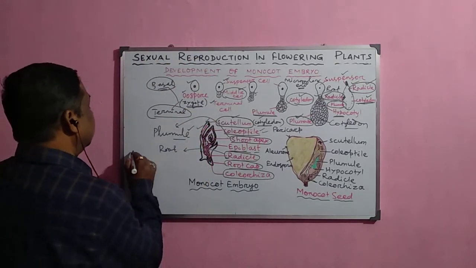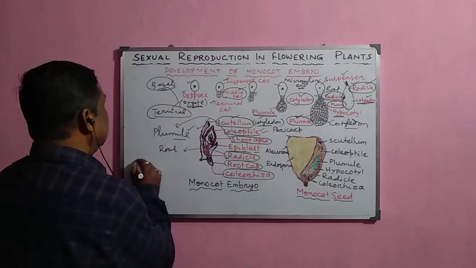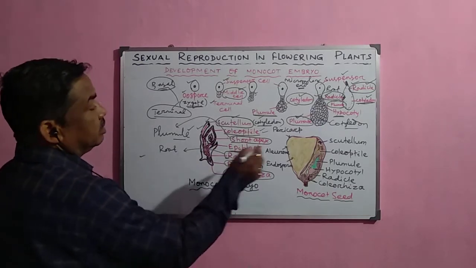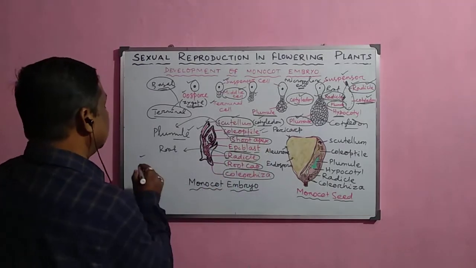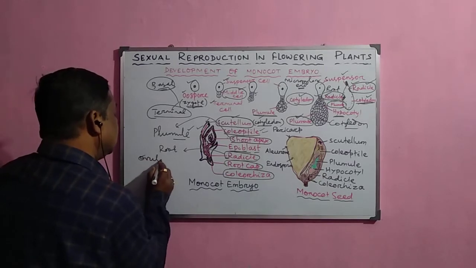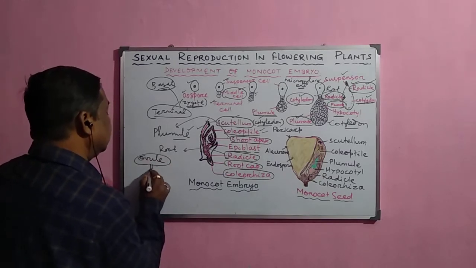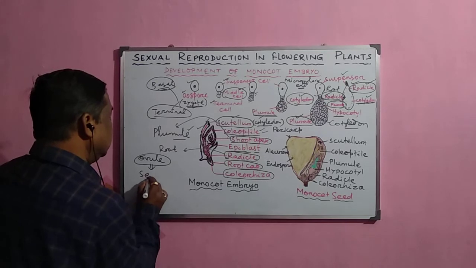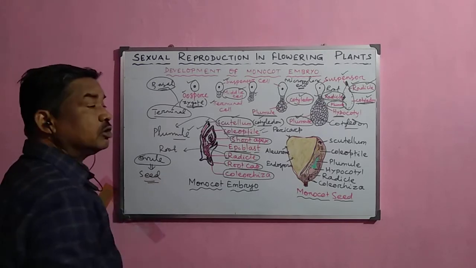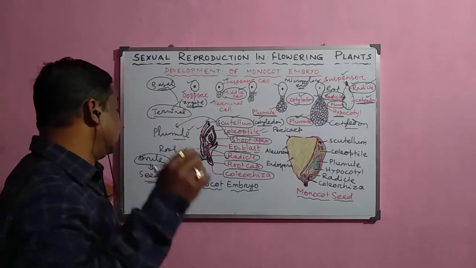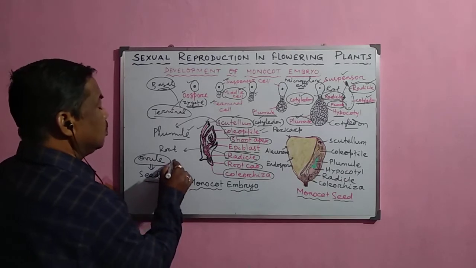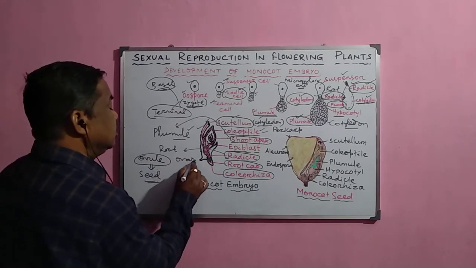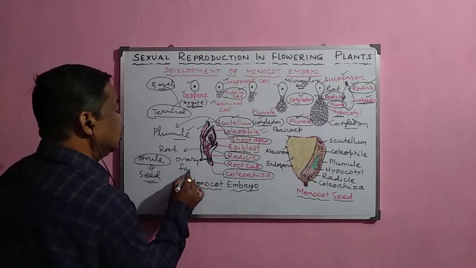But what happens in case of the embryo and the seed, the ovule, which later develops into the seed? It is a monocot seed having only one cotyledon. Then the whole ovary develops into the fruit.